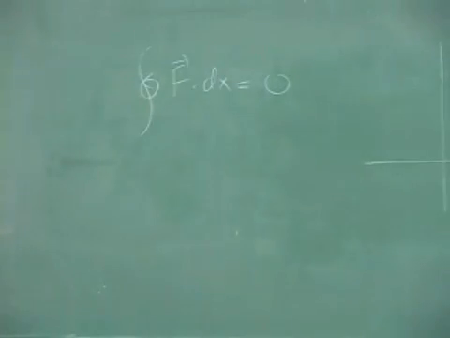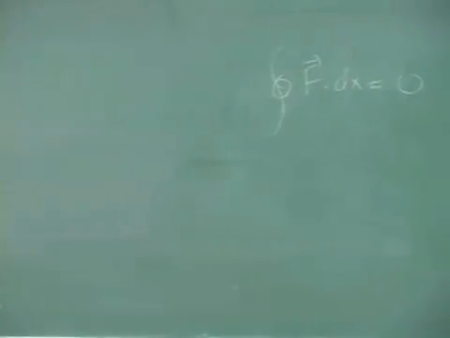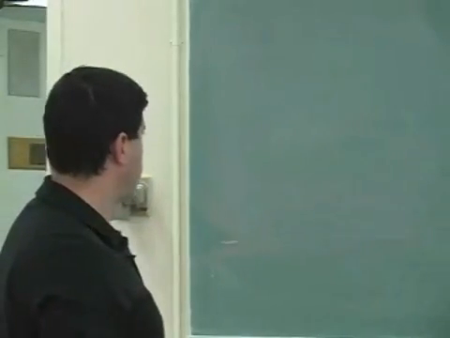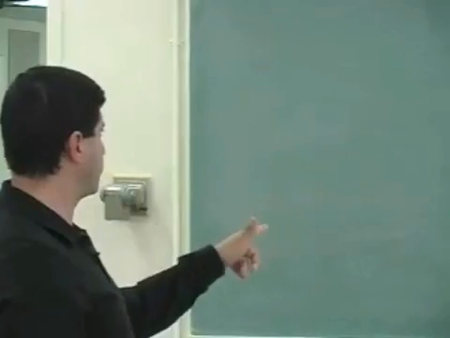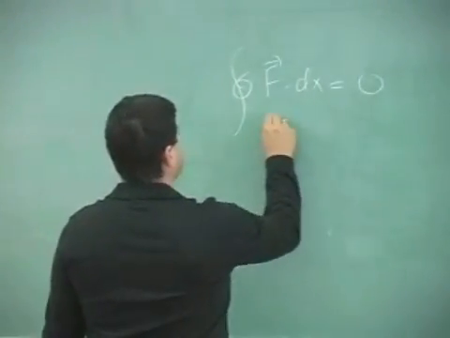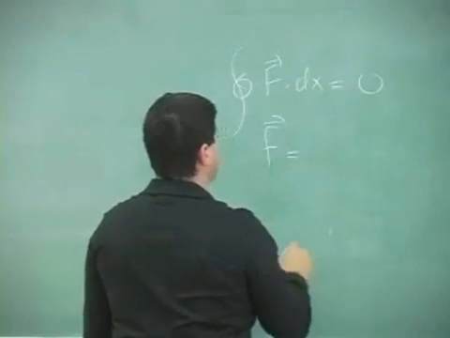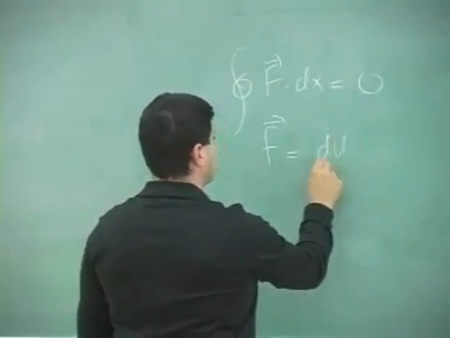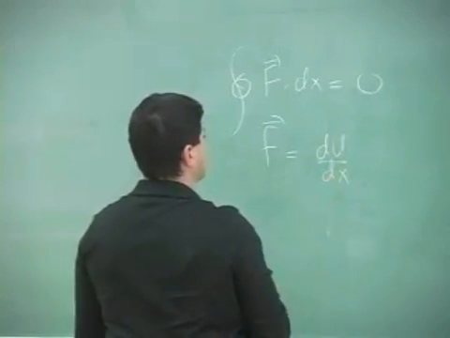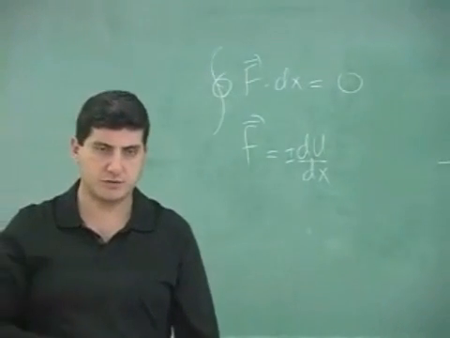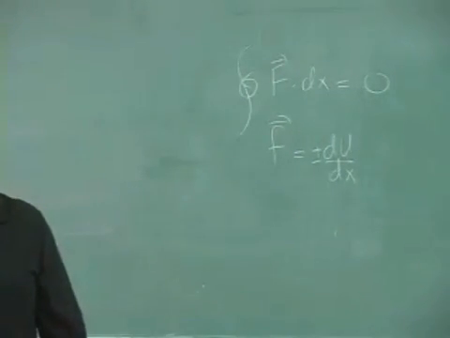Whenever you have a function whose closed path integral is 0, then that function can be represented as the derivative of another function, or plus or minus the derivative of another function. That's the theorem from calculus.